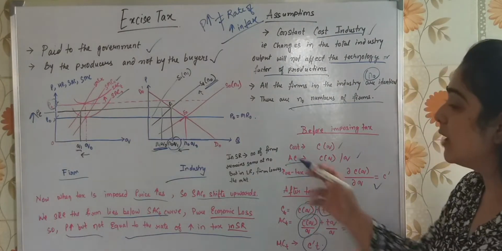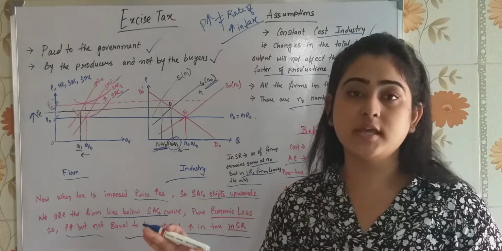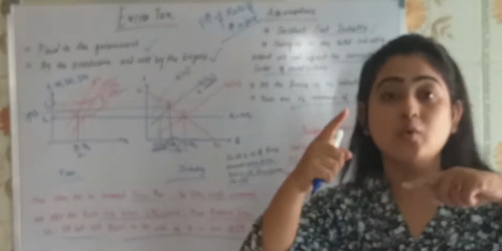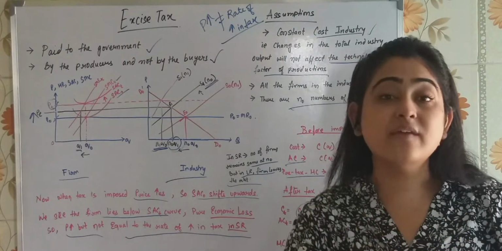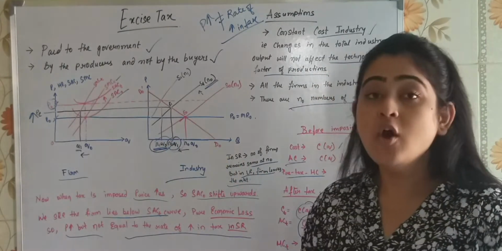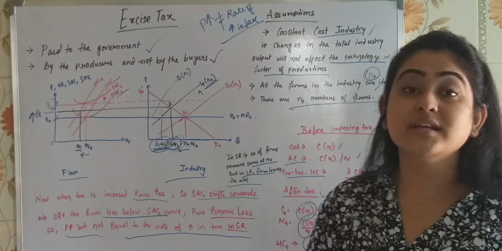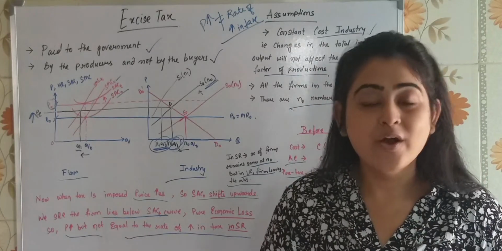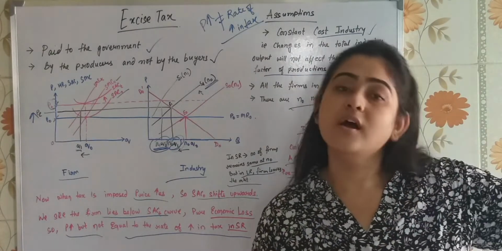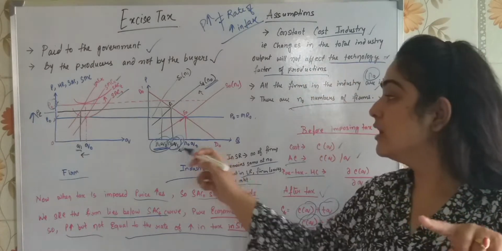In the short run, the number of firms remains the same, but in the long run, firms will leave the market. If the price had risen with the rate of excise tax, the industry output N1 Q0 would be lesser than the equilibrium output we are getting now, because the price did not increase that much. Why? Because in the market firms were incurring a lot of losses, so the number of firms is less now, back to N0, and quantity Q1 is produced.